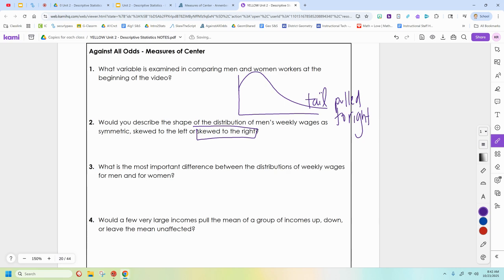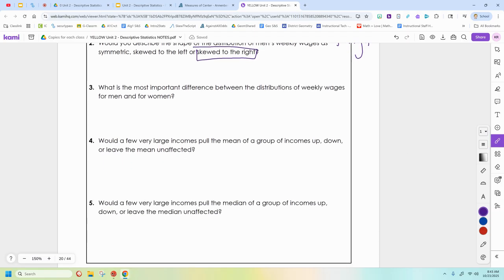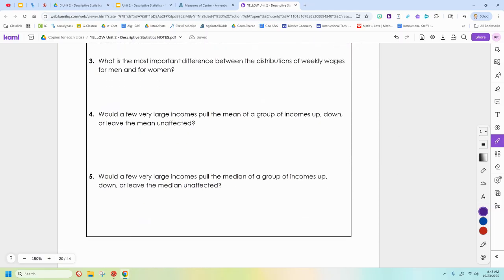And the thing with having things that are skewed, then your mean and your median are going to be different. When we have stuff that's symmetric, then they tend to be very close to one another. Then the next thing to say, and that's what questions 4 and 5 were asking, is when you put a few very large incomes up at the top, the mean is going to be affected by those extreme values.